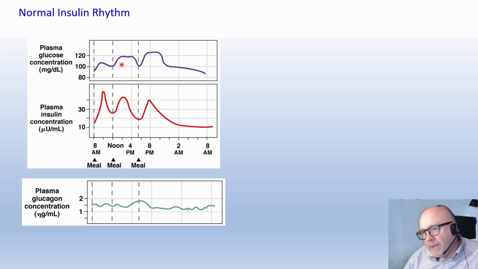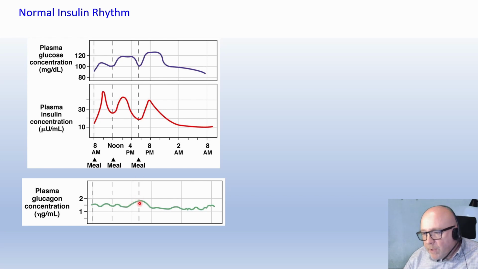Okay, the day you have another meal, have another spike in insulin to keep the glucose down. Insulin drops, and you have another meal. Glucose goes up, insulin rises. And the opposite is true for glucagon, even though the spikes aren't as severe.